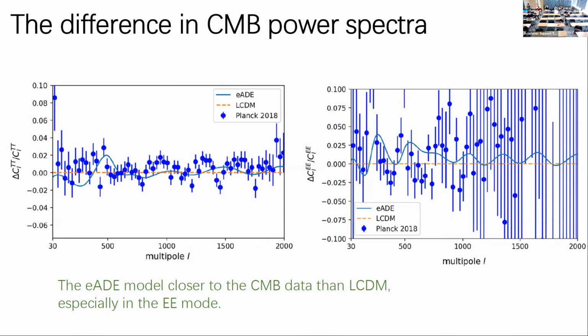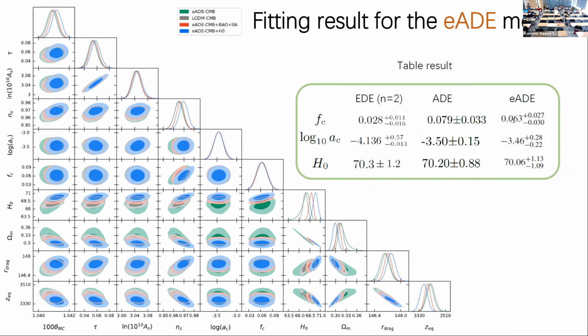Actually, the second model maybe has an extra parameter, like EDE, because it performs much better, right? EDE is the worst model. Why? It has an extra parameter, right? With EDE, you can sort of motivate that equation of state with some scalar potential.